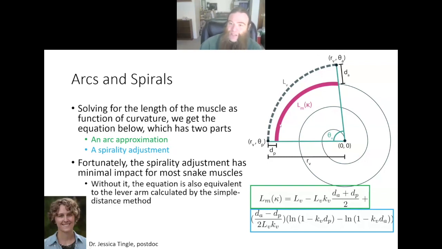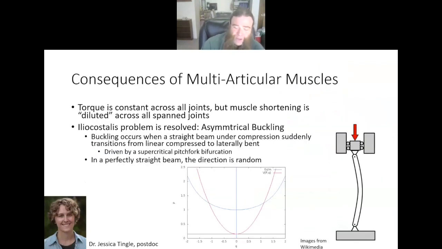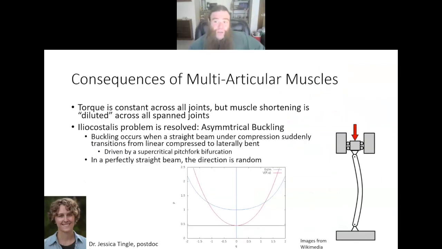Imagine you're looking at the snake from the top down, and this muscle is a lateral flexor. This is just the average distance of the muscle from the vertebral column, dA plus dP over 2. So that simplified things tremendously. It also got rid of this annoying problem with the iliocostalis in an elegant way.